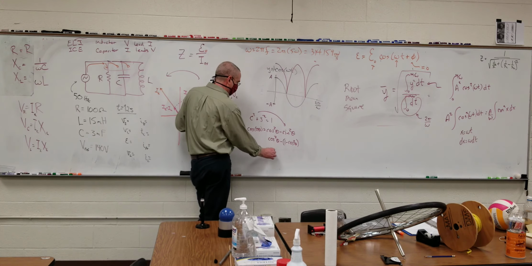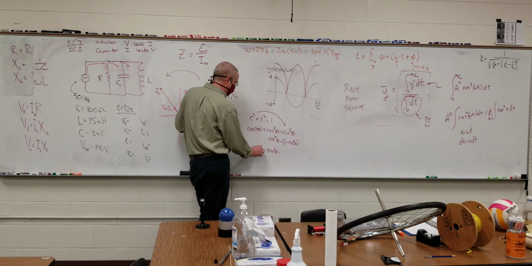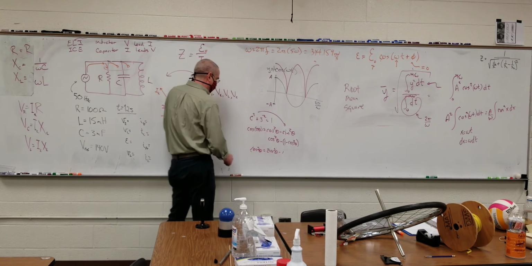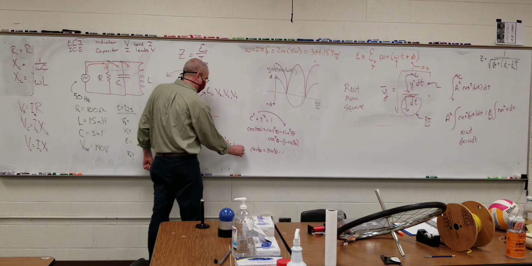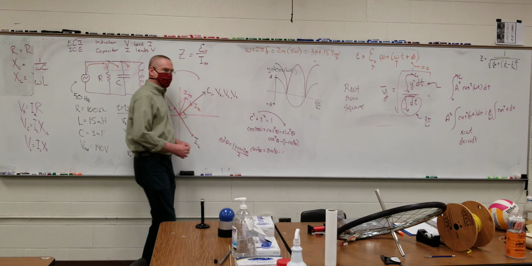So this becomes two cosine squared theta minus one is equal to cosine of two theta. And so cosine squared theta equals one plus cosine of two theta over two. That's the substitution you would make.